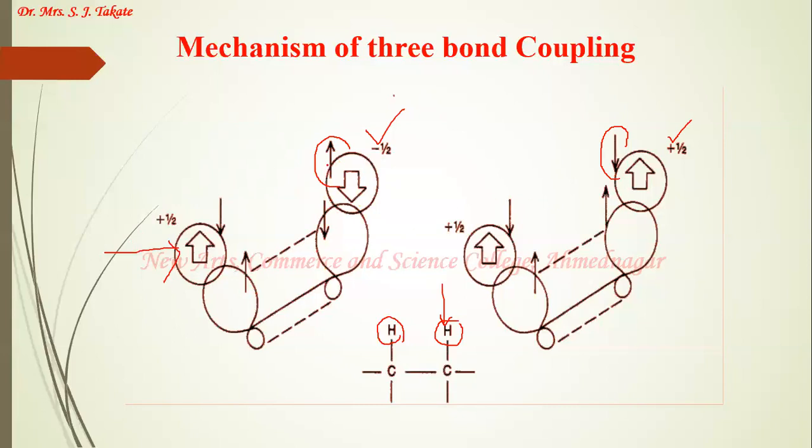During this process, in the first situation the electrons present in the two different orbitals have their spins opposite, but in the second situation the electrons present in the different orbitals have their spins parallel to one another.